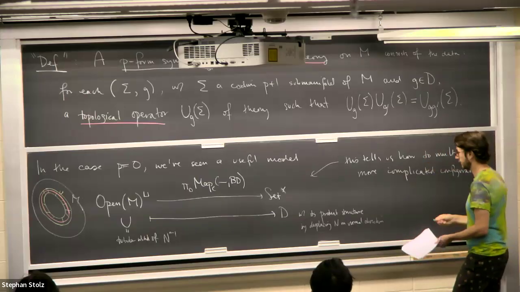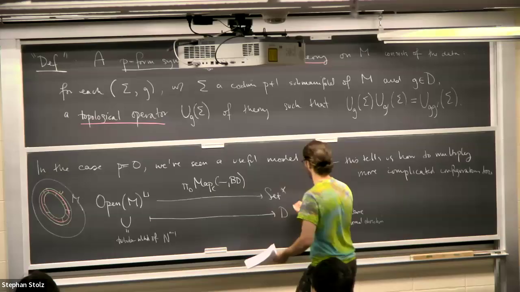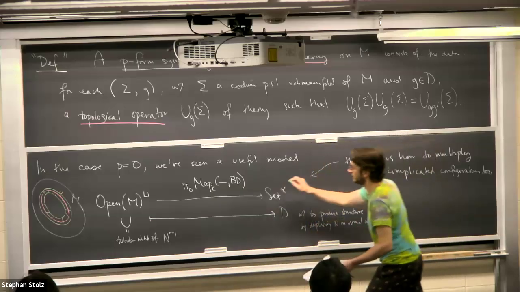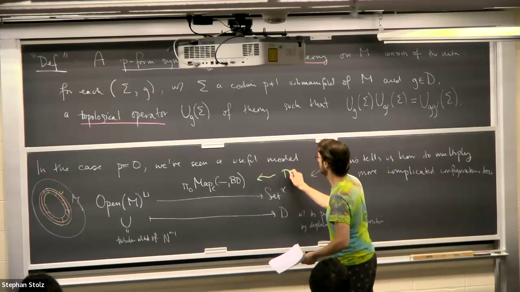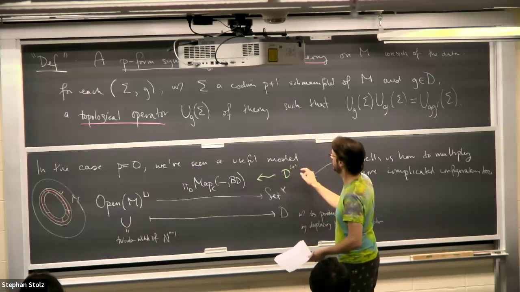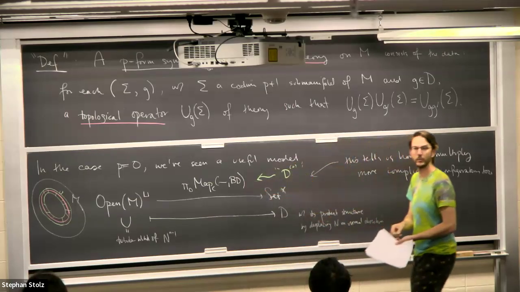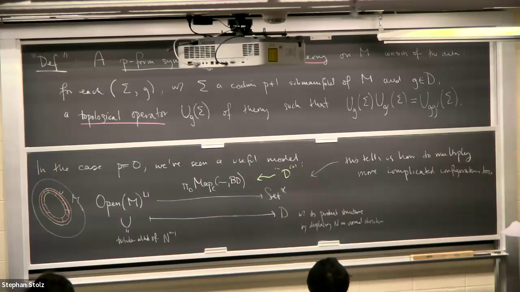So we could view this thing. I want to view this. So let's call this, so this would be what they might call D0, some model for D0 as an algebra object.